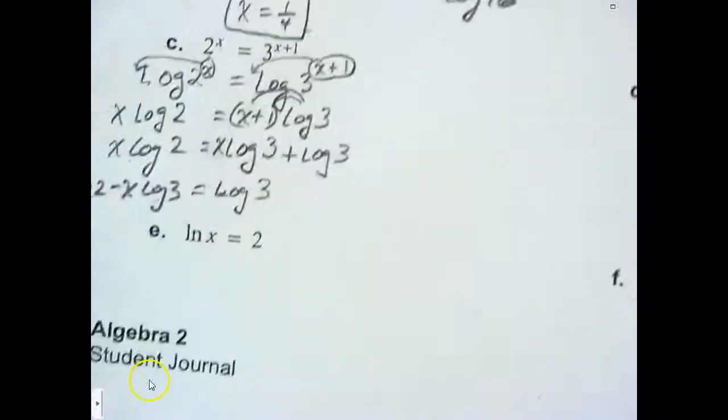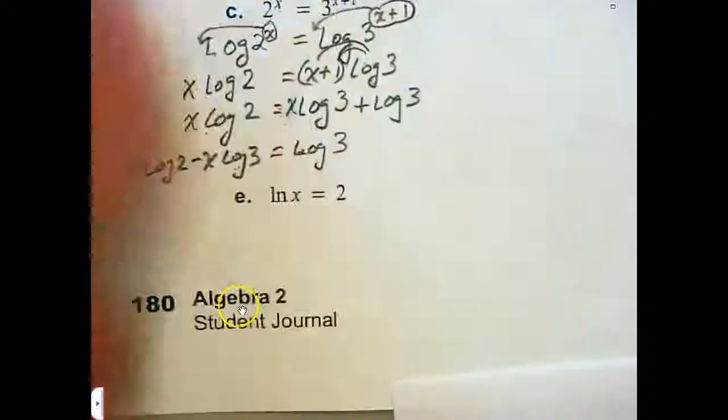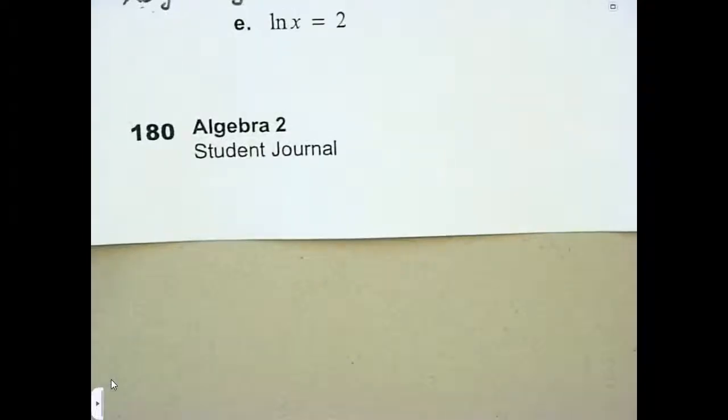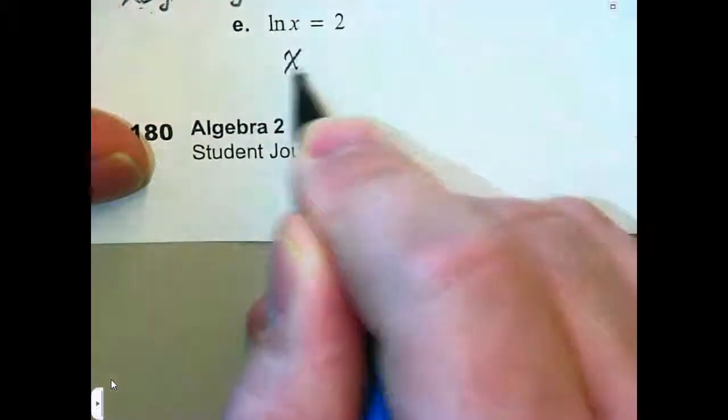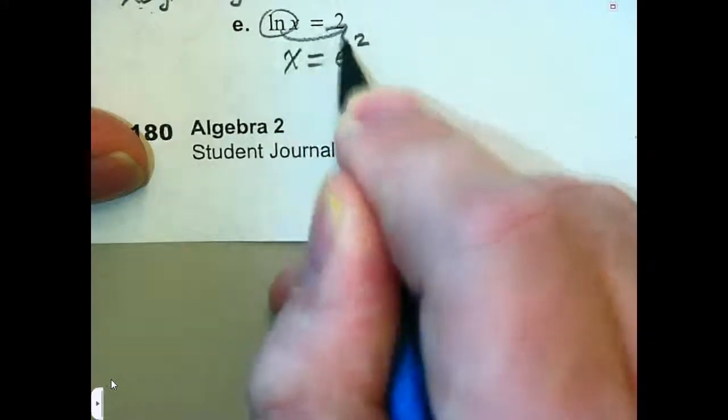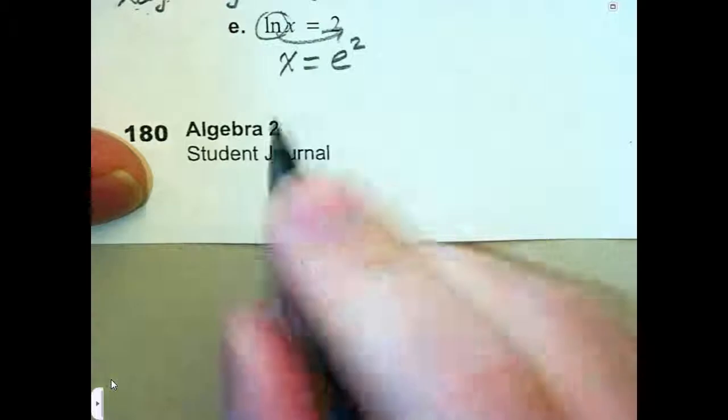All right. Letter E. Tell your neighbor what you're going to do. Okay, we move that over, we get e squared.